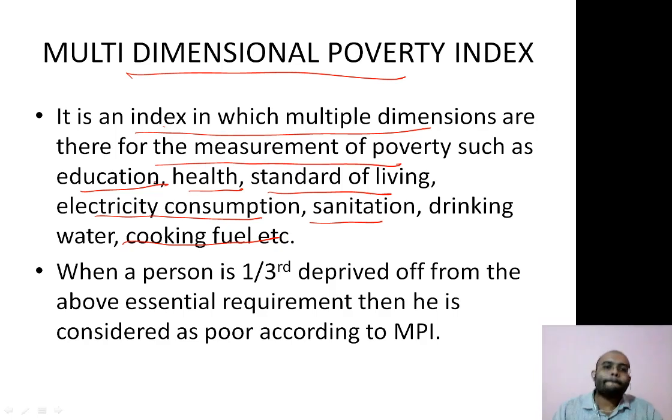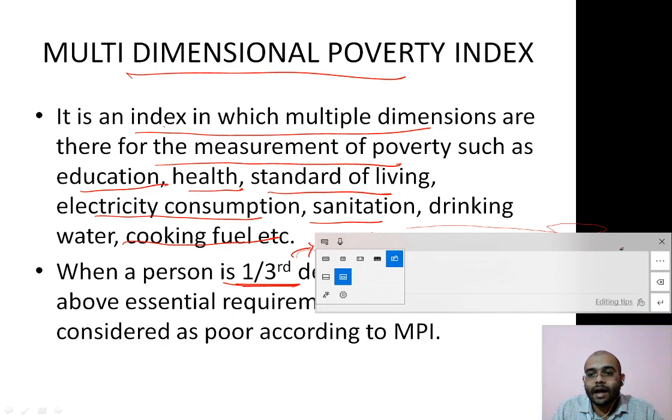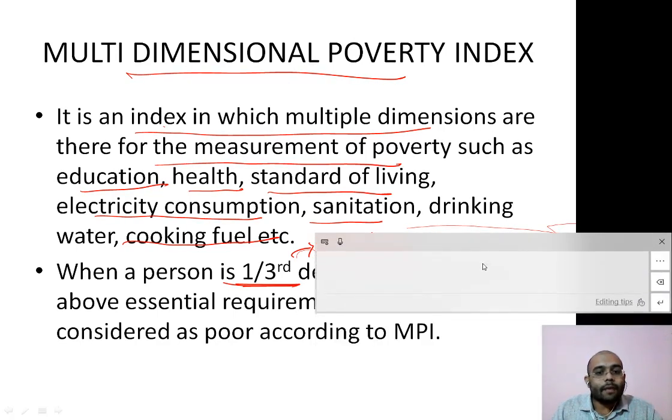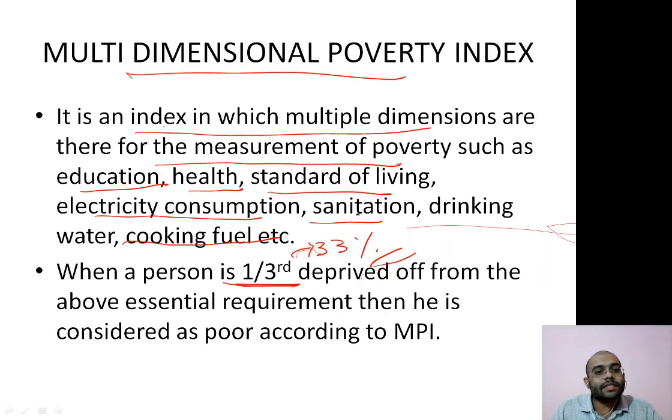When a person is one-third deprived, remember 33%, of the above essential requirements, then he is considered poor according to the MPI or multi-dimensional poverty index.